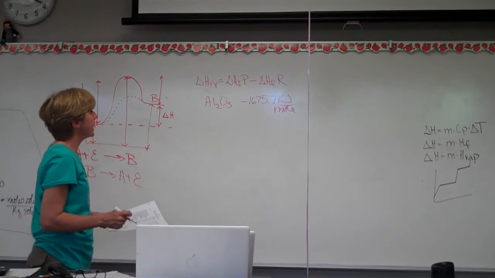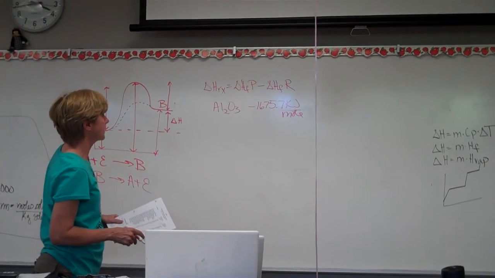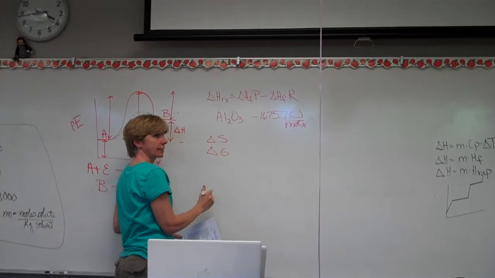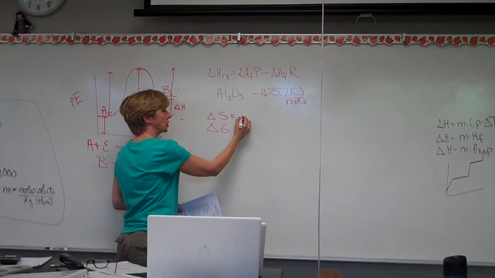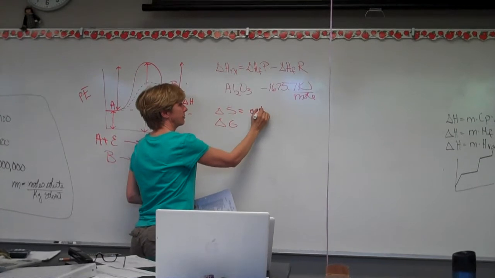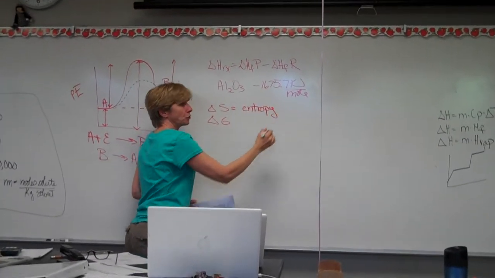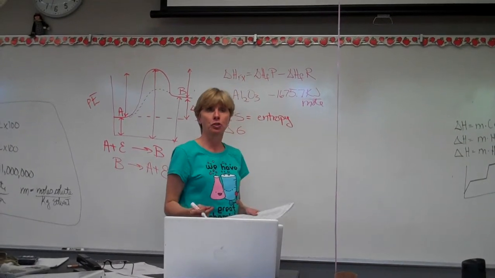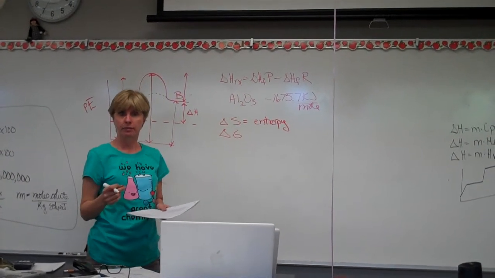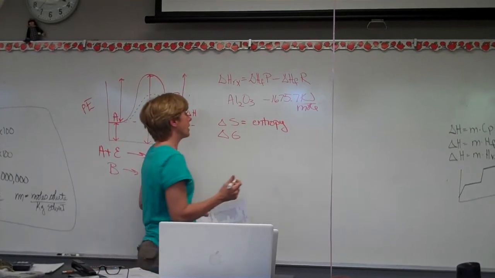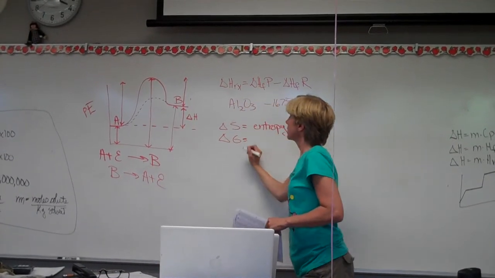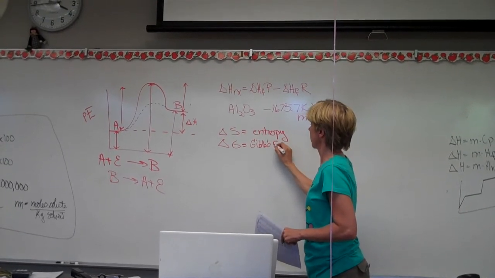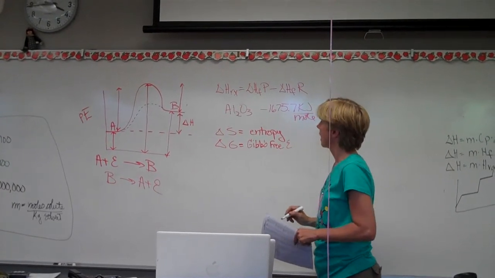Now, the next thing we looked at after this was something called delta S and delta G. Delta S is change in entropy. Entropy: randomness, confusion, disorder, chaos. Then delta G is called Gibbs free energy of formation.